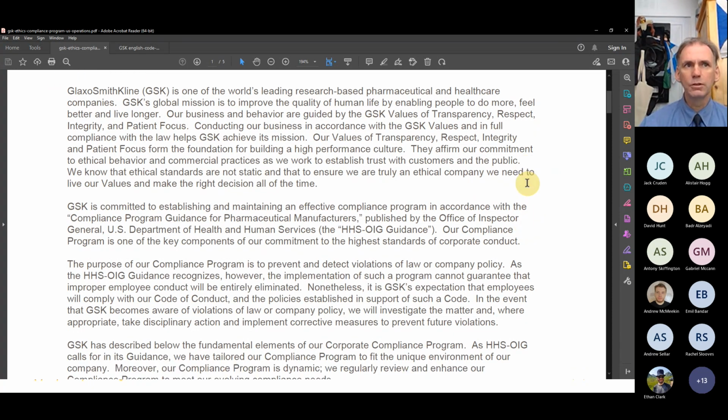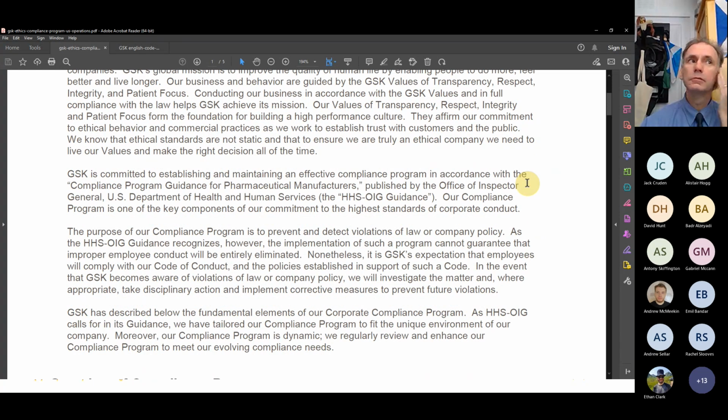And what they're saying is, yes, we are going to follow this. Employees will comply with our code of conduct and the policies established in support of that. No equivocation, no maybe, maybe not. You will do this.